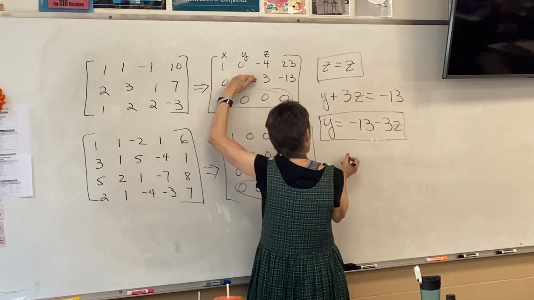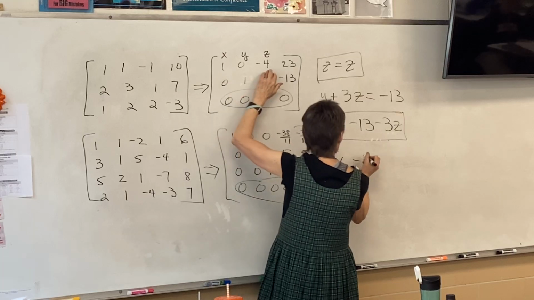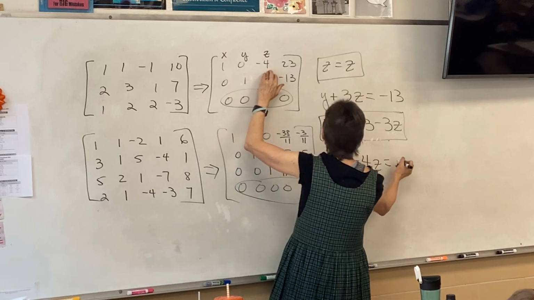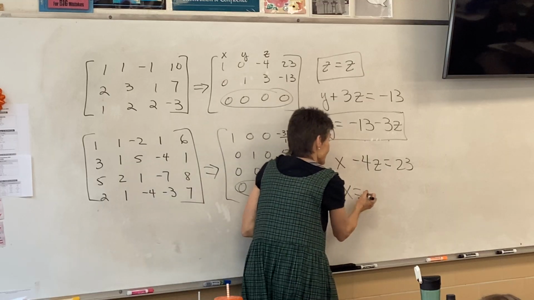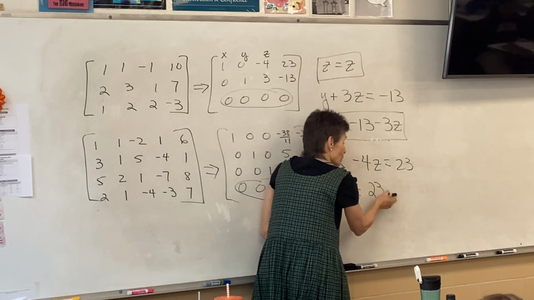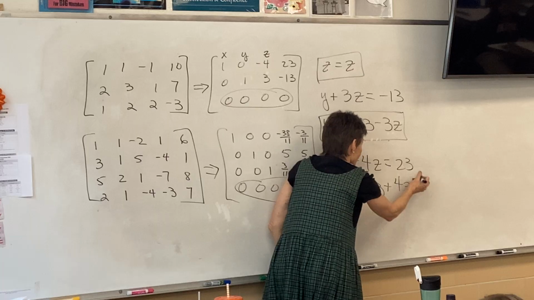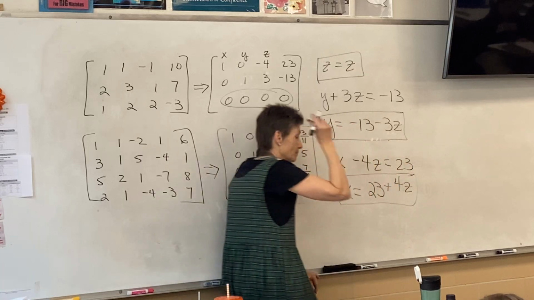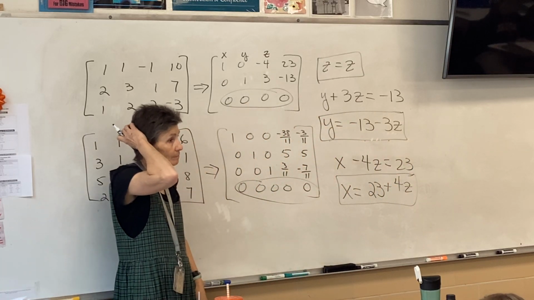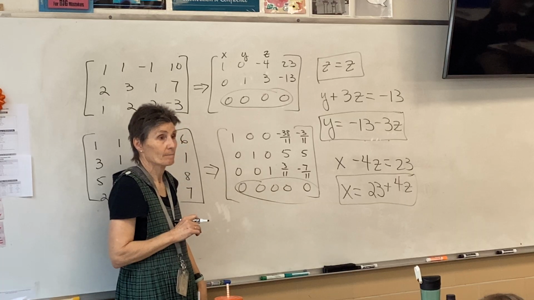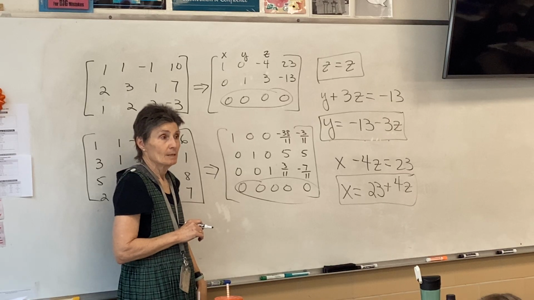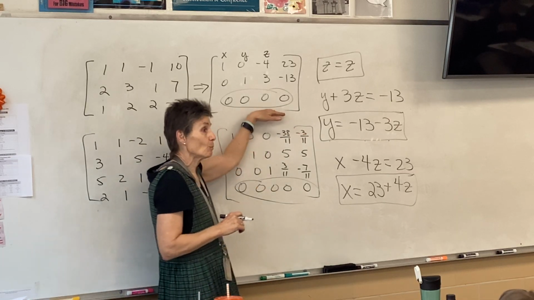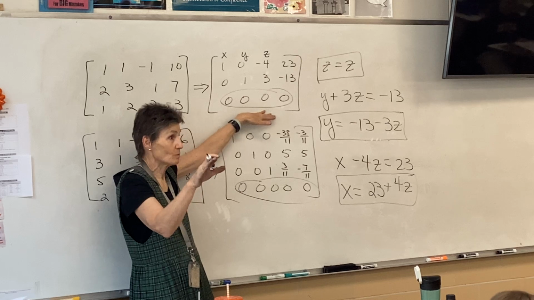What's X? Well, X minus 4Z equals 23. So what does X equal? 23 plus 4Z. So my Z row turned out to be all zeros.